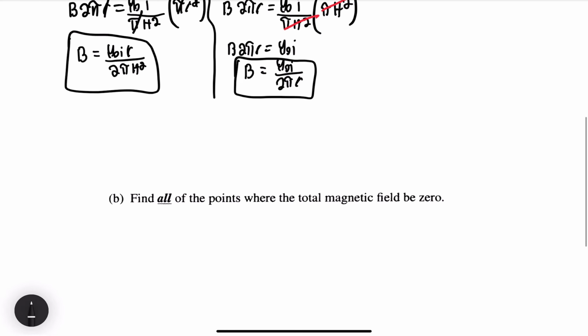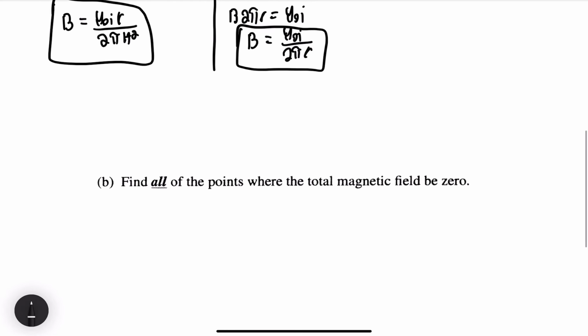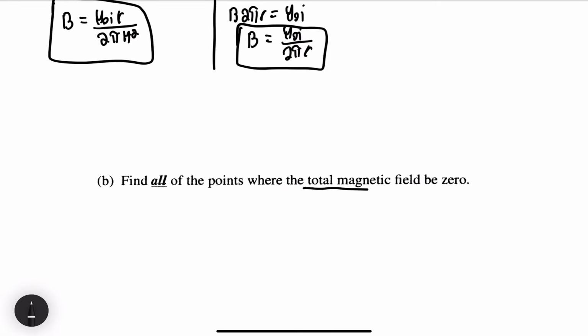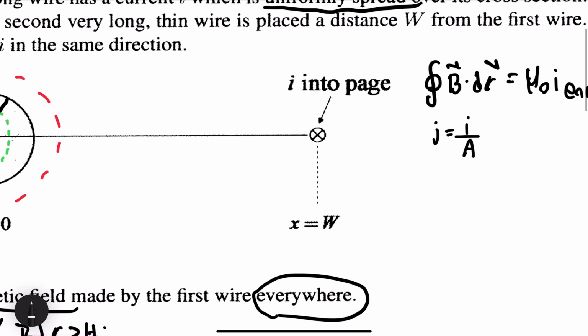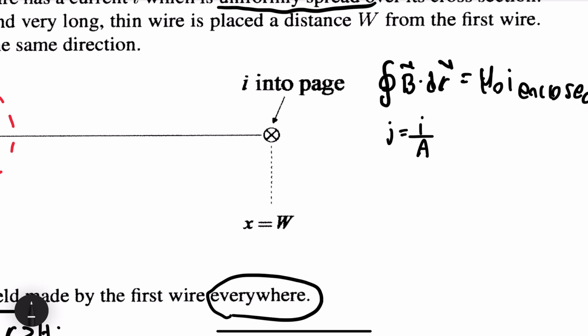And then the second question, it wants us to find all points where the total magnetic field is 0. So to do that, we're going to have to also find the magnetic field of this wire. So it's just a wire.